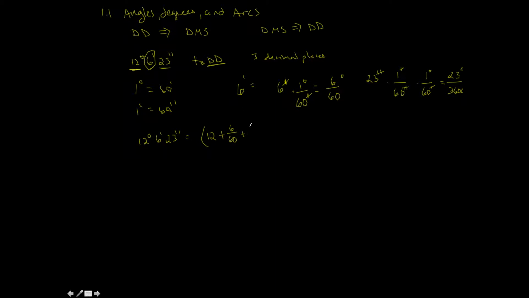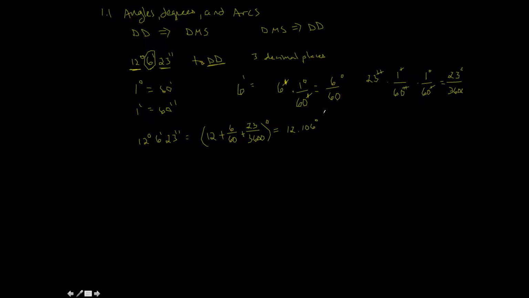So I'm going to add 23 over 3,600 to what we have down here. Now these are all degrees. So if you add all this up, this will give us our decimal degrees. And rounded to 3 decimal places, you should get 12.106 degrees. Now that's taking something in degree, minute, second form and changing it to decimal degrees.